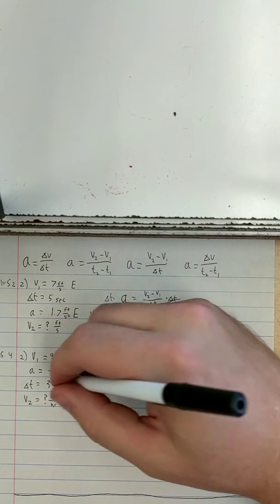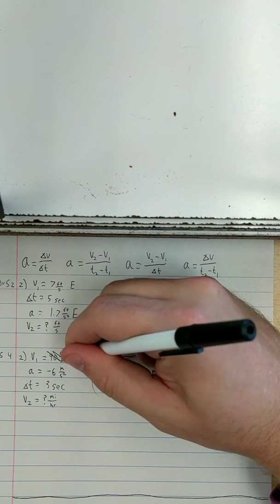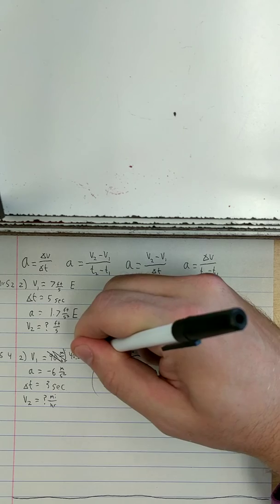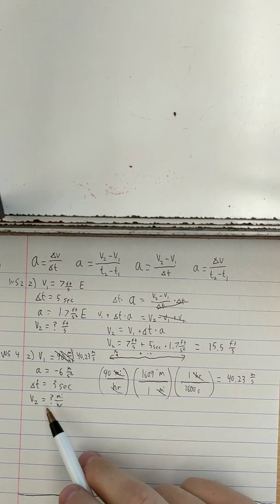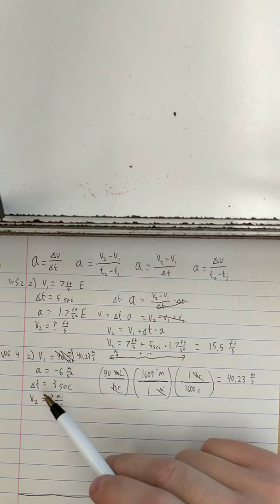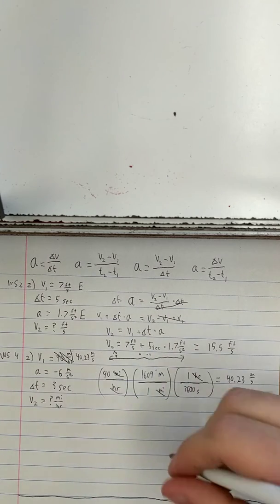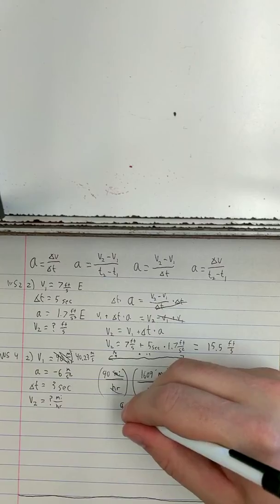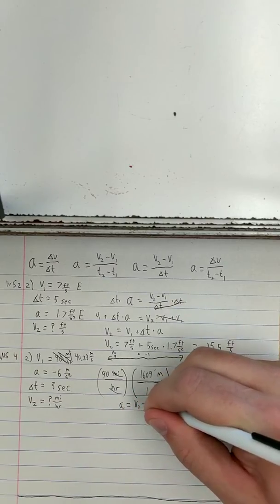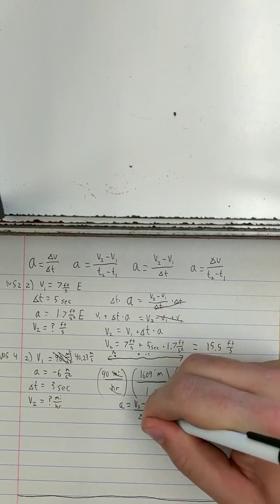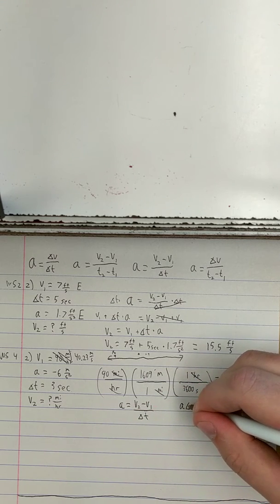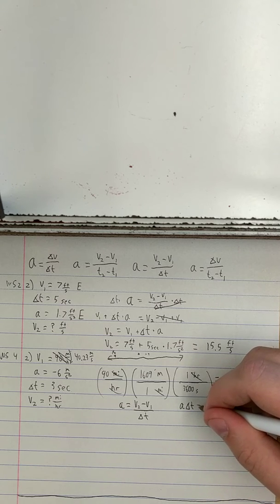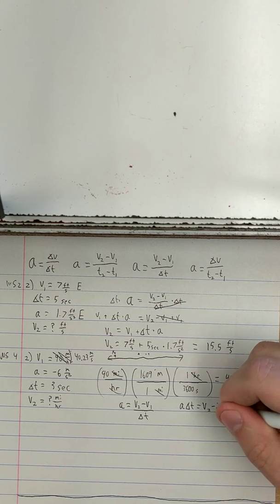Now, once all my units match, okay, because again, this is 40.23 meters per second, now I can go into the equation. Again, I have a V1, I have a V2, and I have an A and delta T. So I'm going to use that same equation as before. A equals V2 minus V1 divided by delta T. Okay, multiply by delta T on both sides, and I get A times delta T equals V2 minus V1.